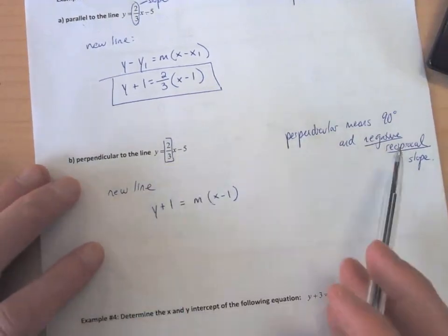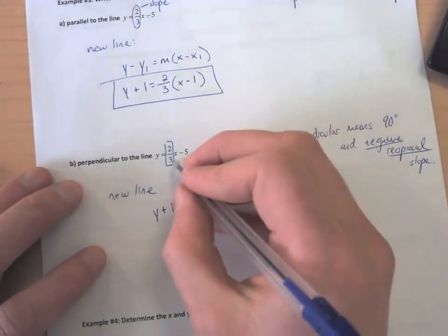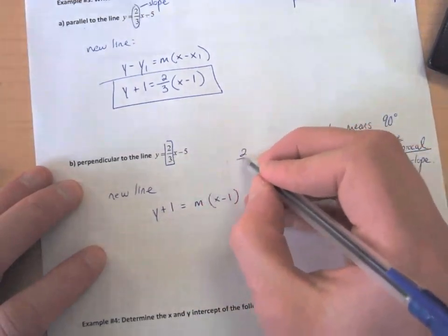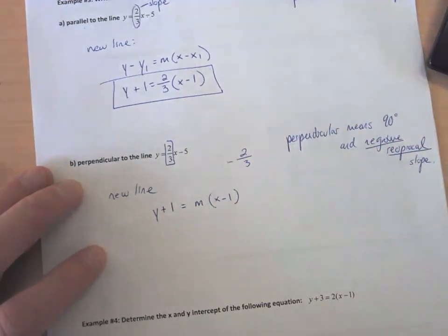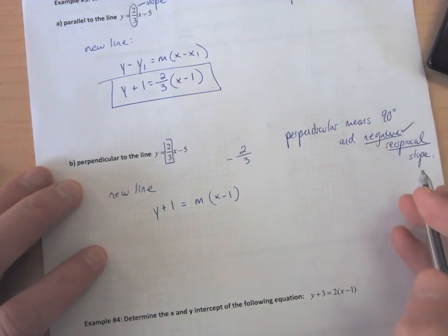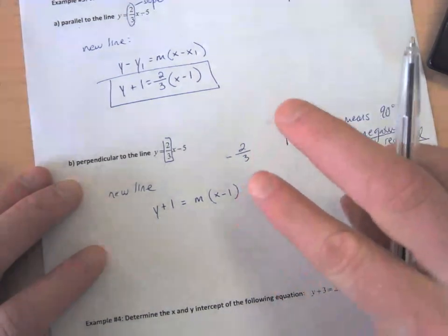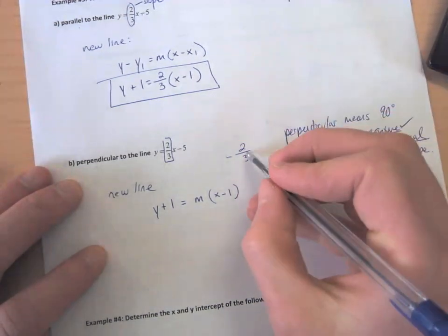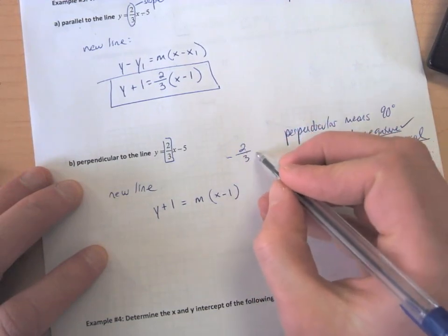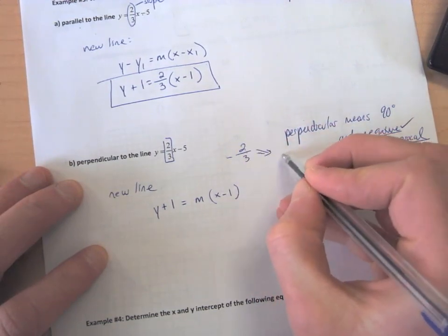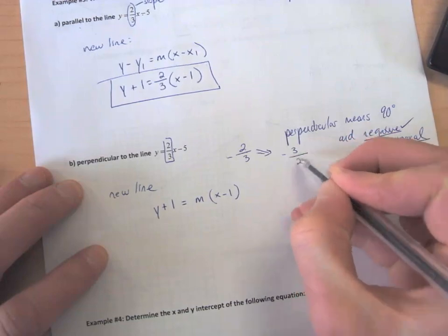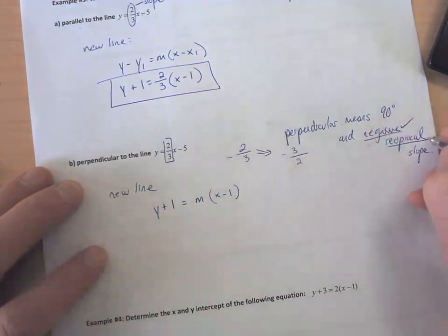So here, negative just means, let's copy down that slope, 2/3 with a negative. There, we've checked off the negative part. What does reciprocal mean? It just means flip the fraction. So instead of 2/3, it's going to go to 3/2. And now the reciprocal part's done.